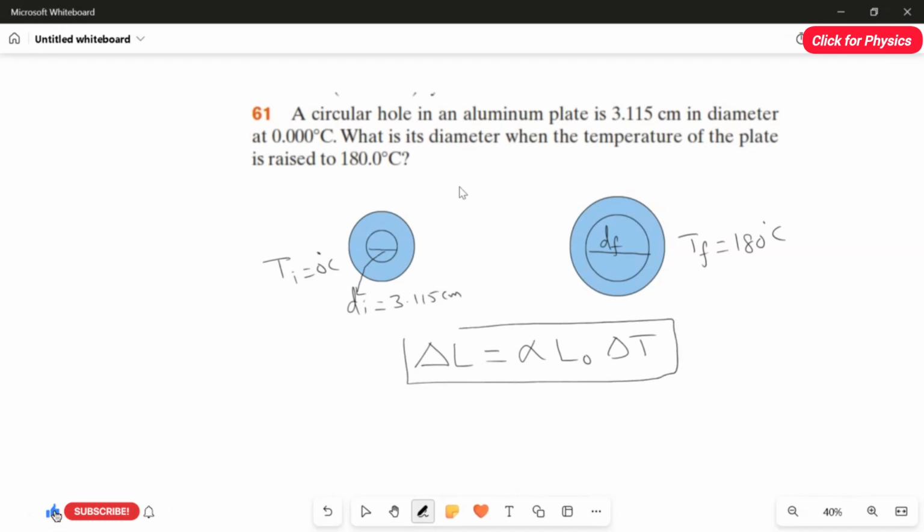Because here the diameter will expand linearly, I'm going to replace this L in terms of D. We can write this as delta d, where small d is not a distance, it's a diameter. So delta D equal to alpha D initial multiplied by delta T.